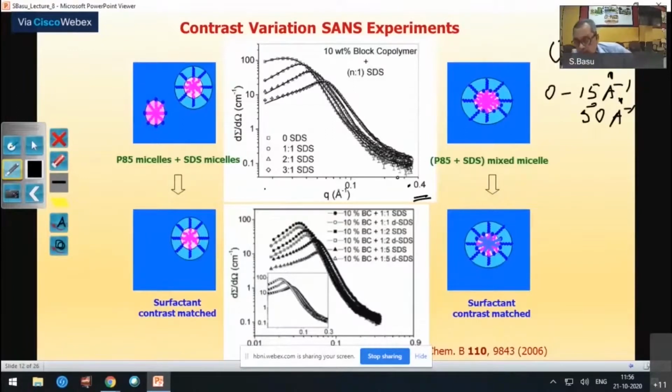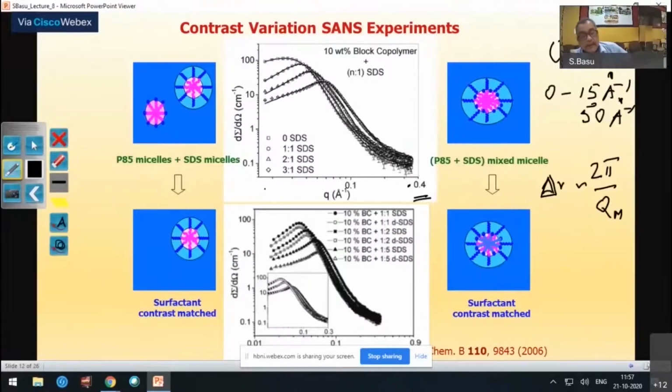This is because of the uncertainty relation that I used earlier, that the real space resolution is dictated by the Q range that you can see maximum. So these experiments are inherently designed to look at large structure.